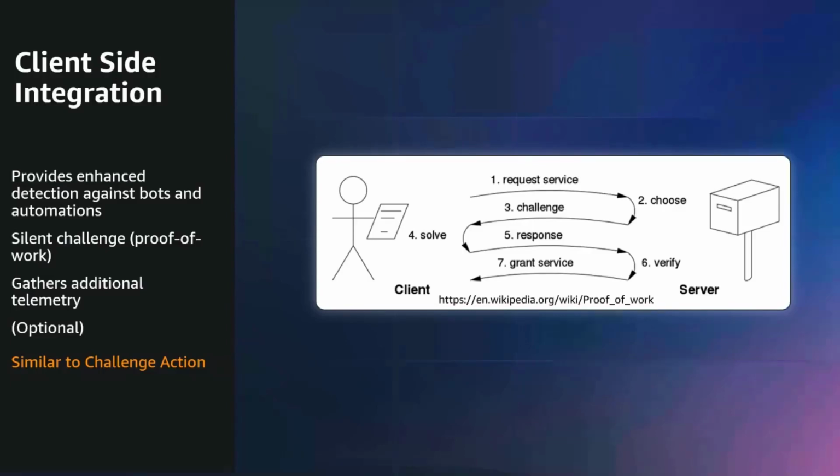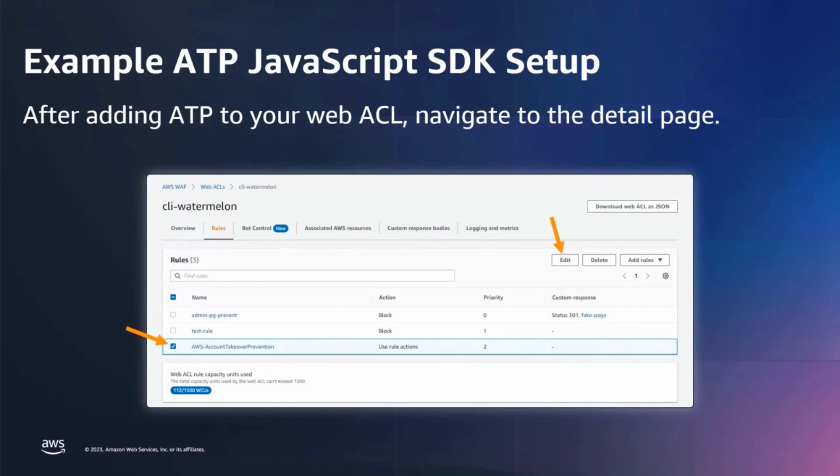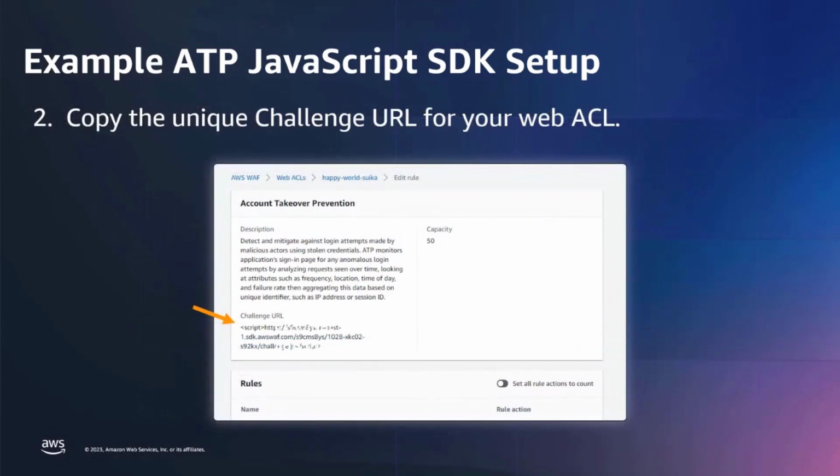Let's take an example to understand how to implement these SDKs. Let's pick an example of how to integrate the ATP JavaScript SDK to make account takeover prevention work. After adding the account takeover prevention managed rule group to your web ACL, navigate to the detail page and click on edit. Once you click on edit, you would see a challenge URL for your web ACL.